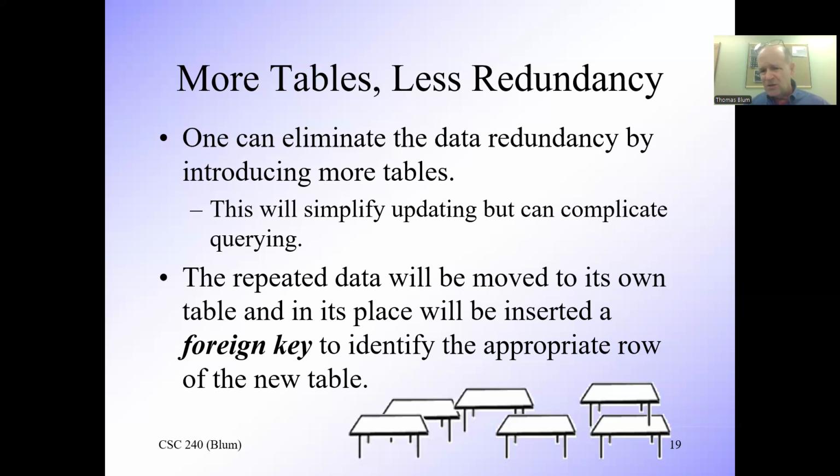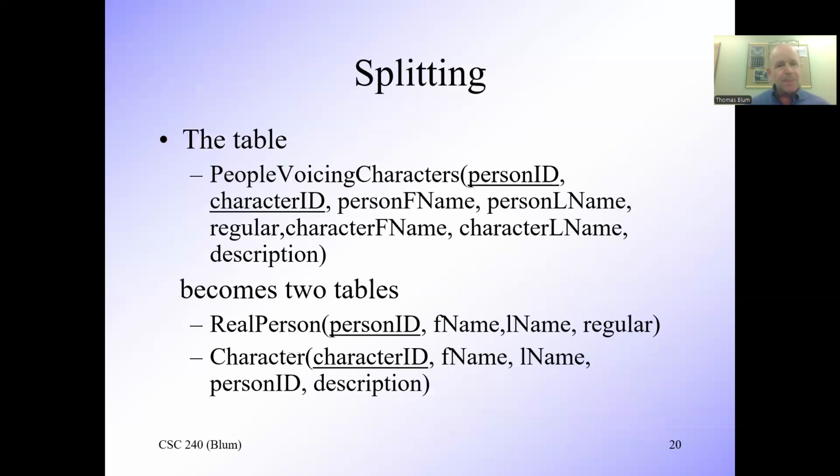I will not change his primary key. And all the characters he voices will have his ID as a foreign key. And one of the ideas with keys is we want them to be simple and we don't want them to have to change.